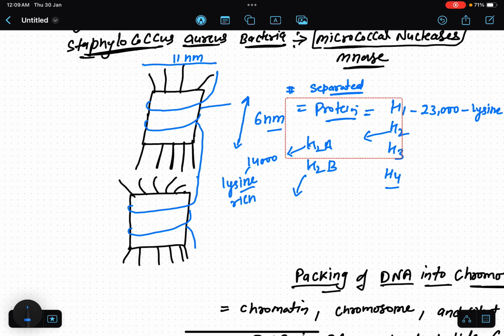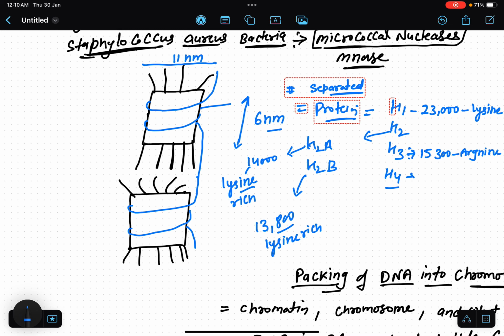Similarly, H2B is 13,800 and it is also lysine rich. The H3 protein has a molecular weight of 15,300 and it is arginine rich. Similarly, H4 is 11,300 and it is also arginine rich.